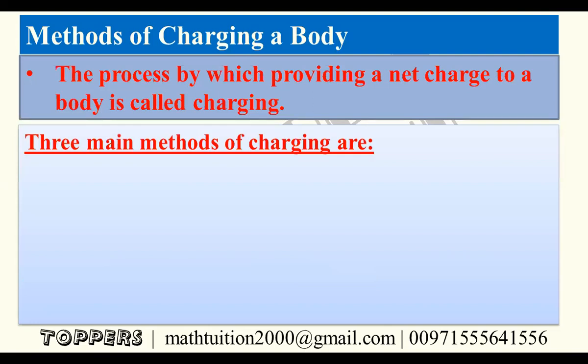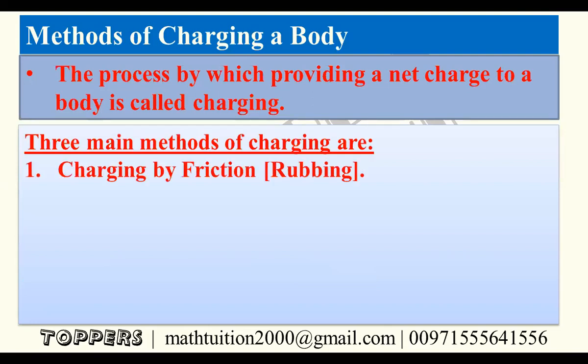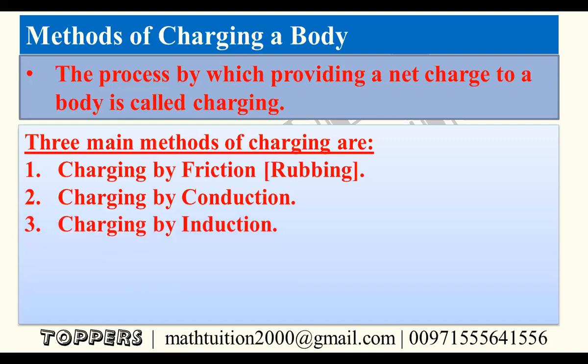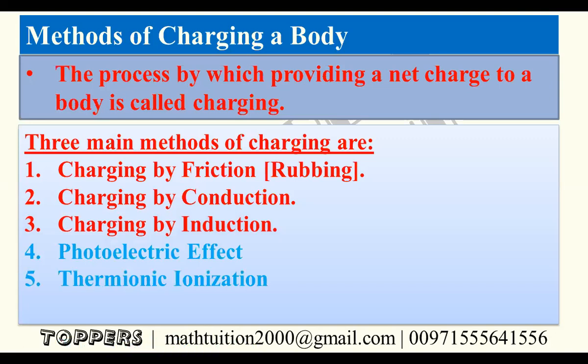The methods of charging are: first, charging by friction or charging by rubbing; second, charging by conduction; third, charging by induction; fourth, photoelectric effect; fifth, thermionic ionization; sixth, field emission. The first three methods of charging are coming in this chapter: charging by friction, charging by conduction, charging by induction. These three topics we will discuss in detail in this session. The other three, just an overall idea.